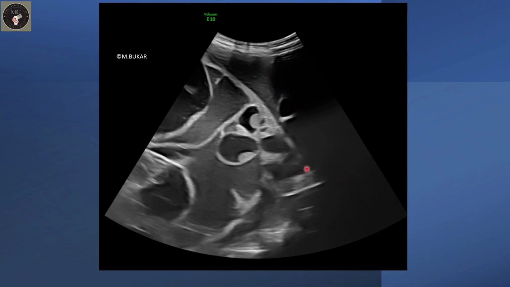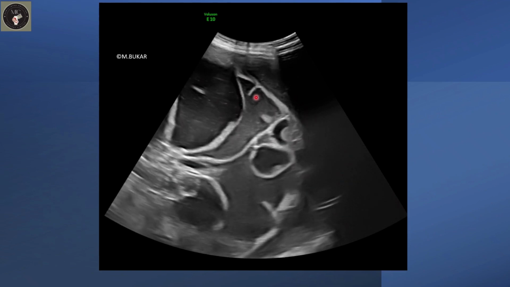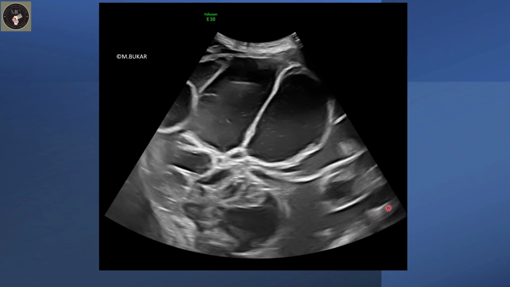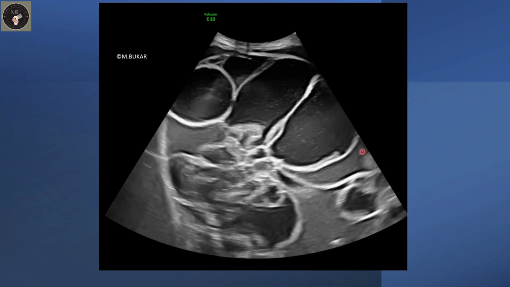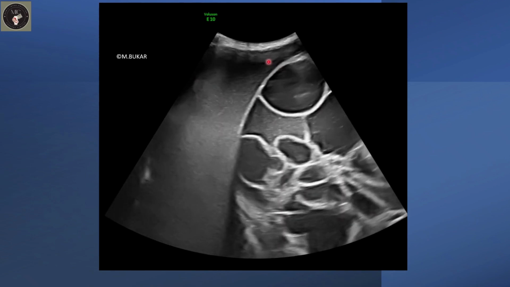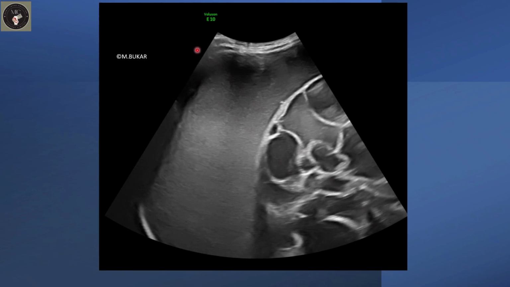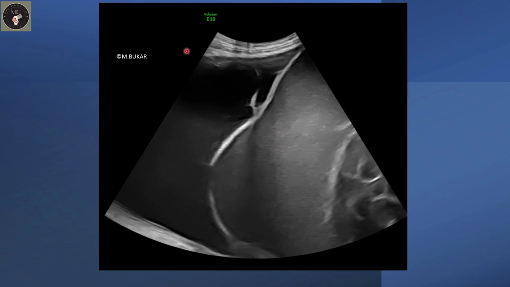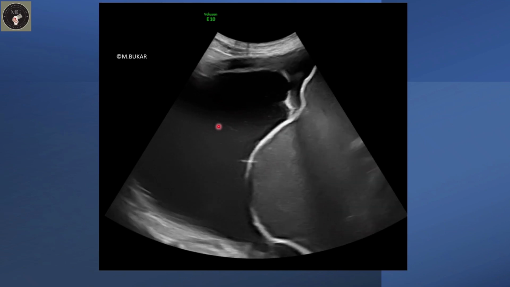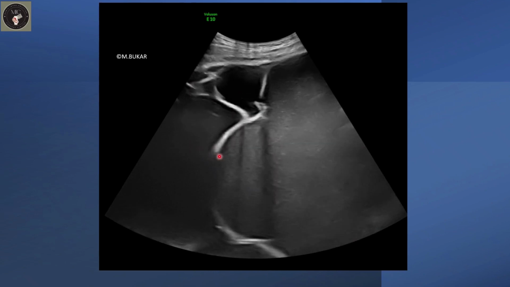Note this huge multilocular cyst which extends from the pelvis up to the xiphisternum. Note the different cyst contents. Here you have low level echoes.